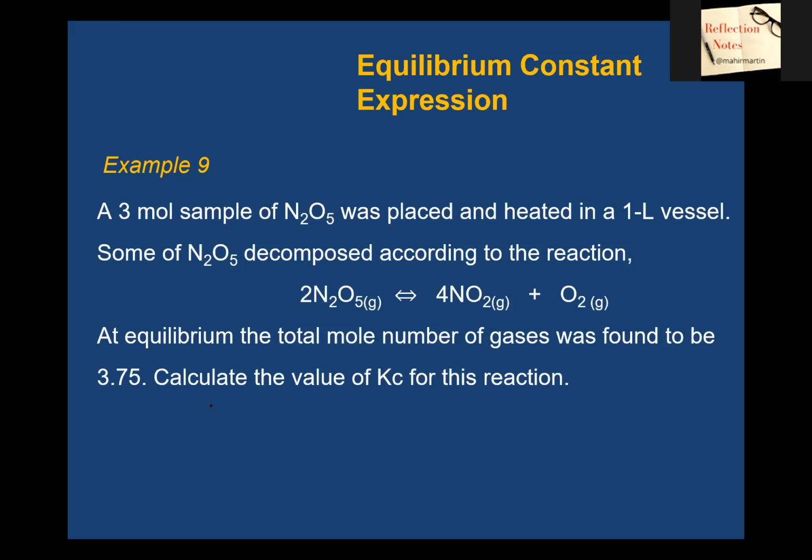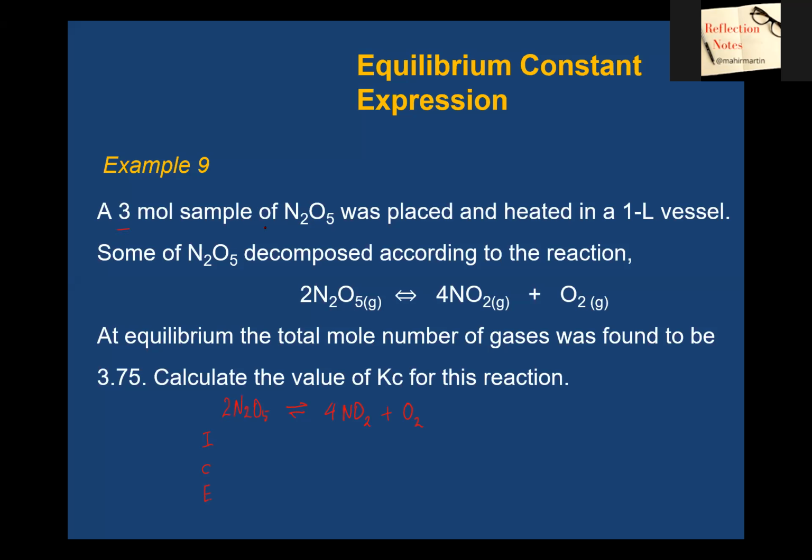As usual, to solve this equation, you have to write down first the reaction: 2N2O5 in equilibrium with 4NO2 plus O2. And we're going to write ICE. Now, what is given here? 3 mole of sample.